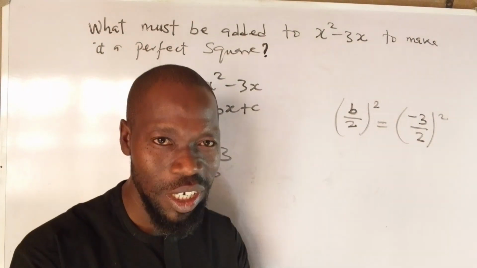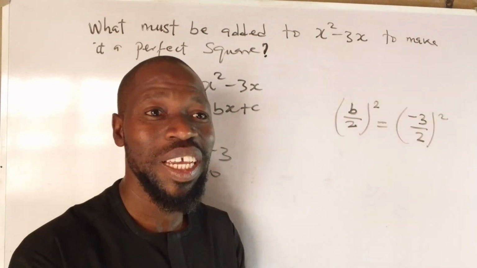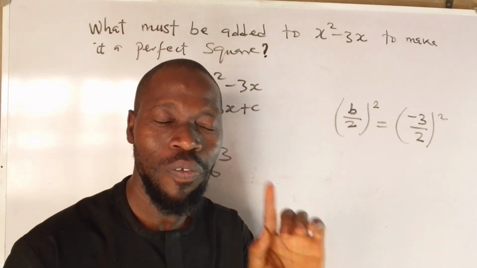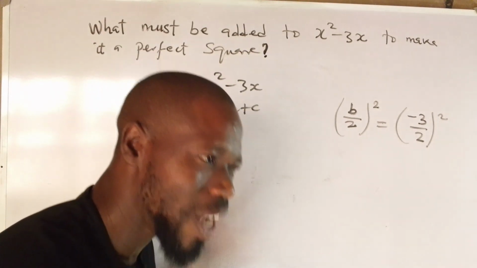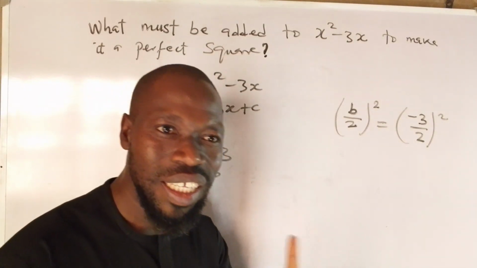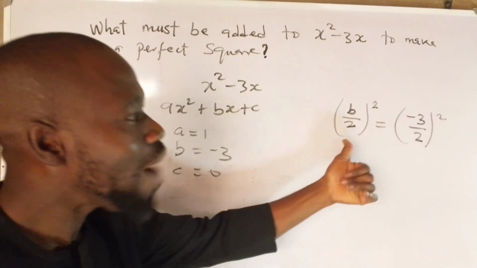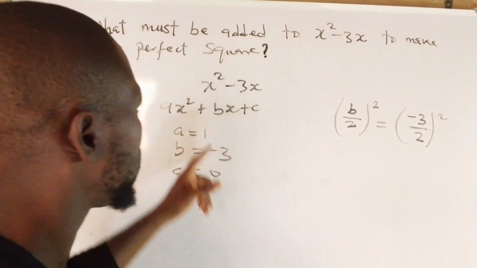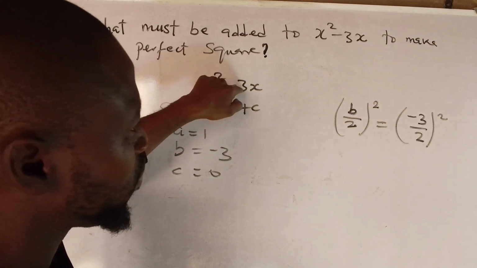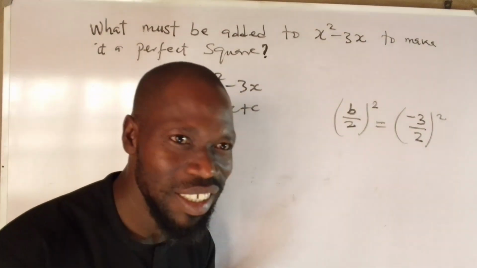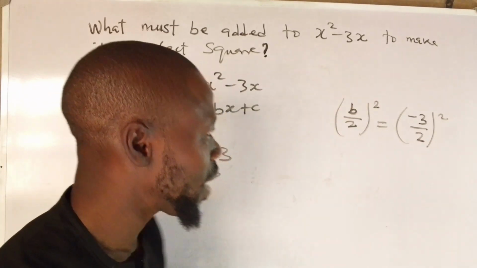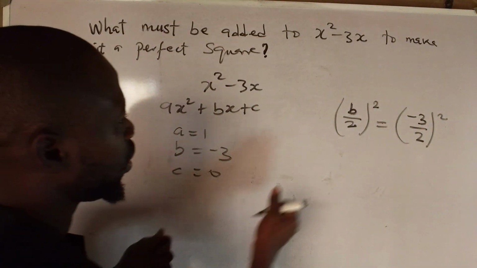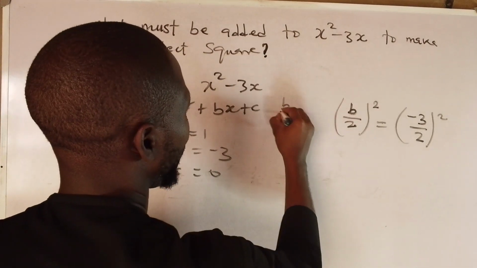Any quadratic expression or quadratic equation, to make it a perfect square, make sure first of all that the coefficient of x squared is 1. Once that is done, find the half of the coefficient of x, which is minus 3 here. Square it and add it to both sides.